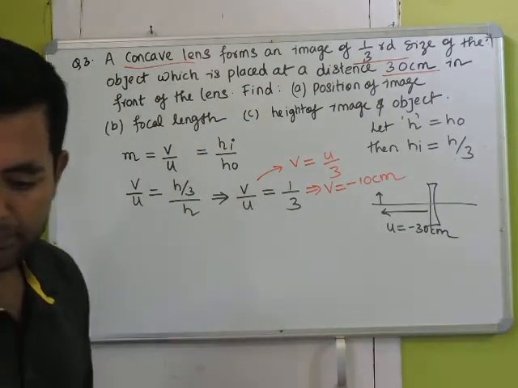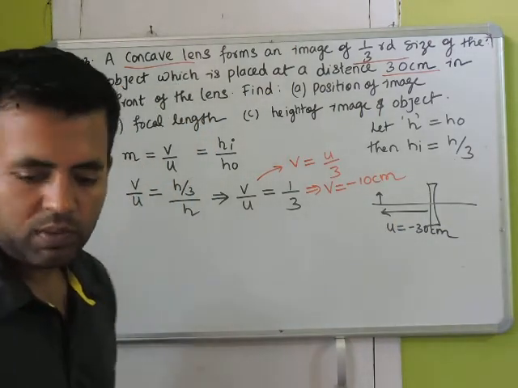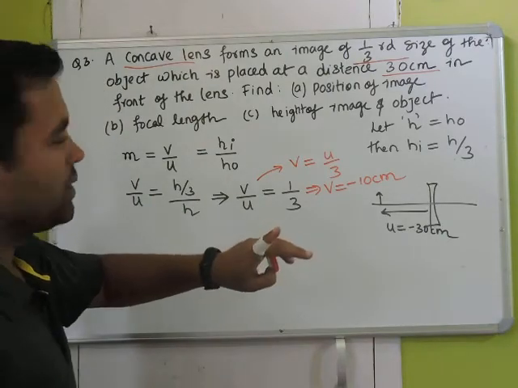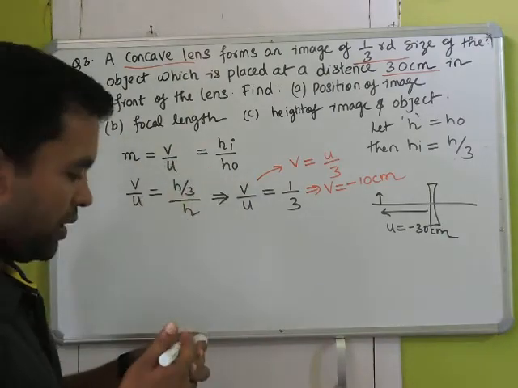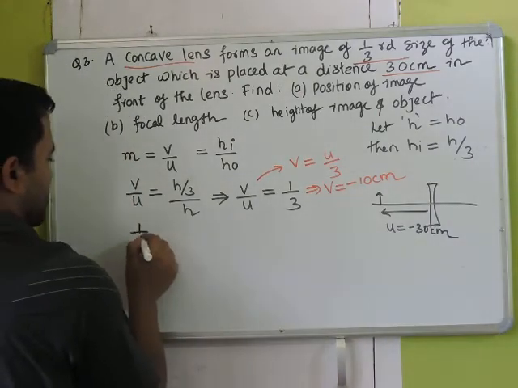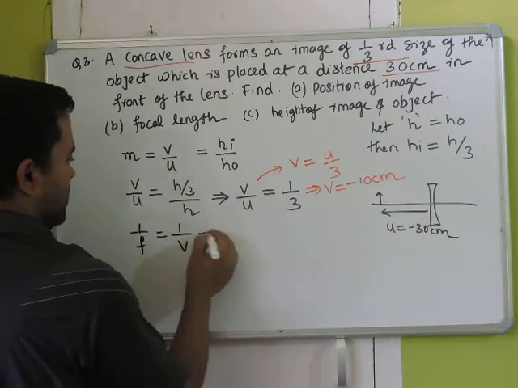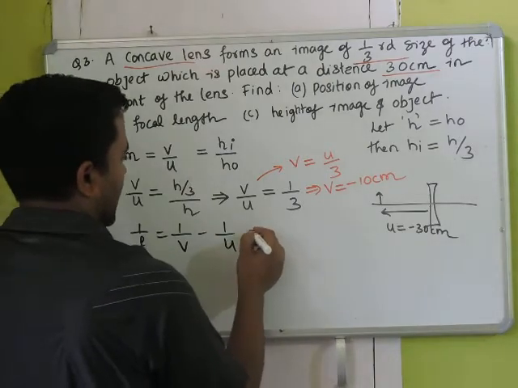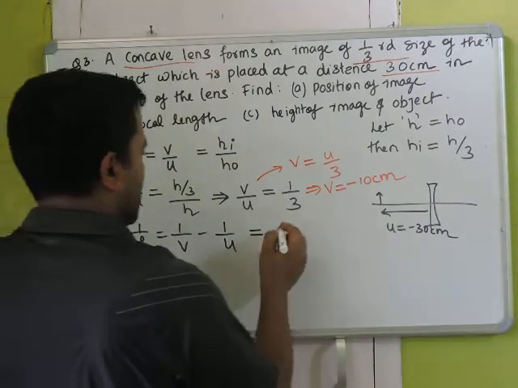Now coming back, we have to calculate the focal length, for which we can use the lens formula, which is 1 by f equal to 1 by v minus 1 by u, and you can substitute the values.